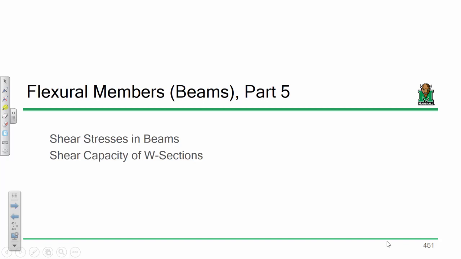Number 2, I want to talk about one remaining topic with beams that we've sort of been glossing over this whole time, and that's shear. That might not be very important for buildings, but for bridges, it is really important. I want you all to have a general idea how that works, and that'll be our last lecture.